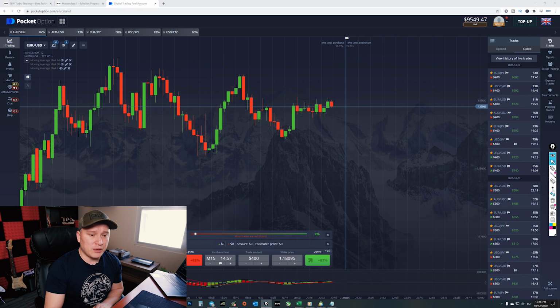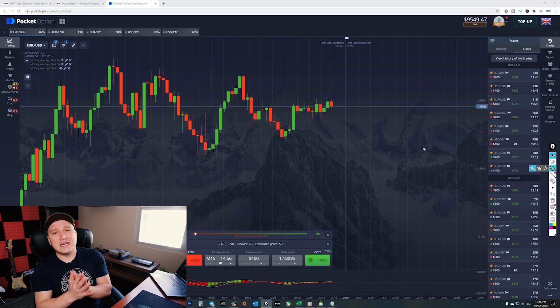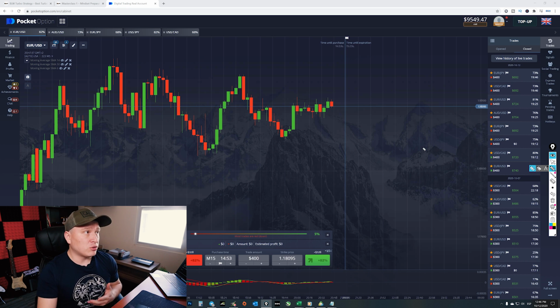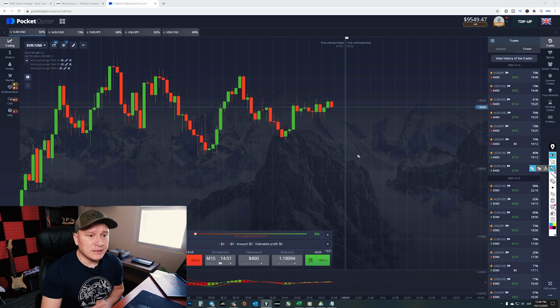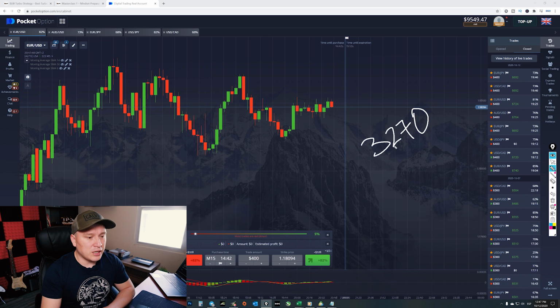Remember that since we're trading binary options, the most important thing is actually the accuracy of my trades. And just in these 2 days, if you recall, my balance was 6,000 something. I'm going to give you my actual balance right now, but this is the increase that I was able to have: $3,270 in profit, just in profit.